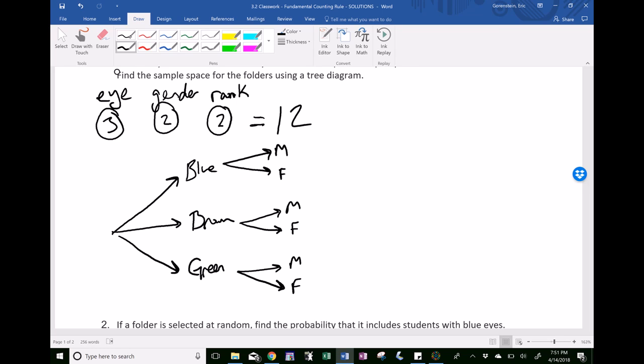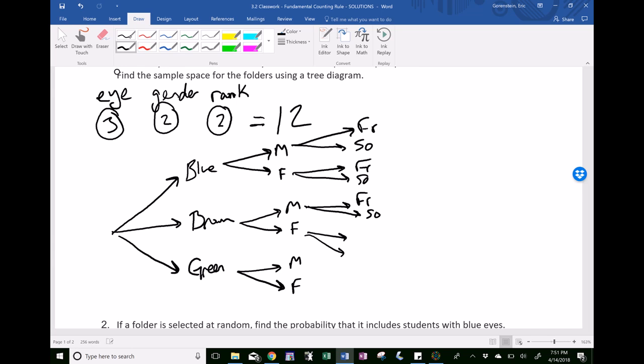And following each eye color and gender combination, there are 2 possible class ranks, freshman and sophomore. Freshman, sophomore. Freshman, sophomore. A couple more of these. Freshman, sophomore, freshman, sophomore, and I'm running out of room. I'll fit freshman. And finally, sophomore.